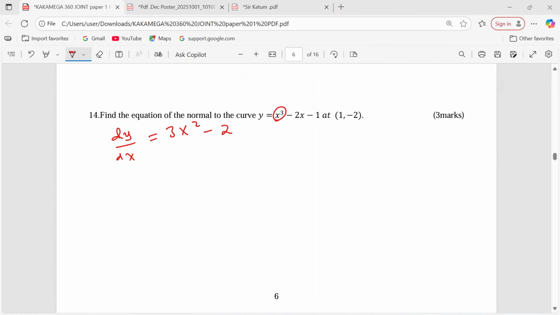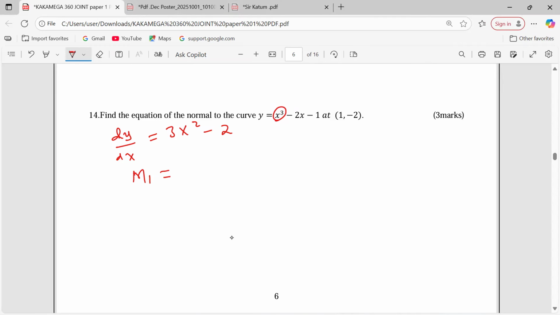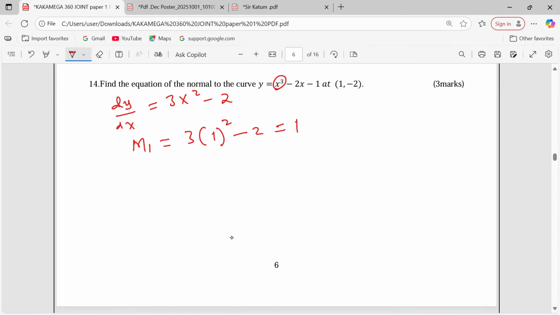We substitute. So we can substitute the value of x for us to know at this particular point, what is the gradient? Therefore, gradient 1, which is the gradient of the curve at x equals to 1, is going to be 1. Because even if you square 1 there, it shall be 3 minus 2, which is 1.